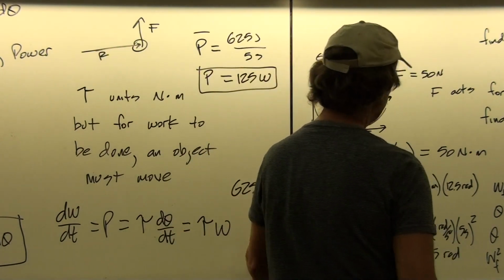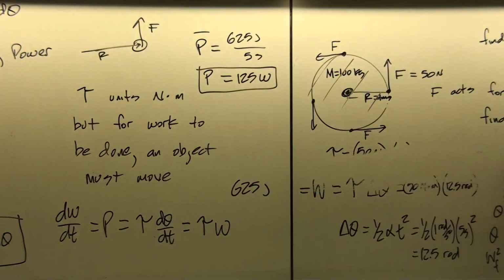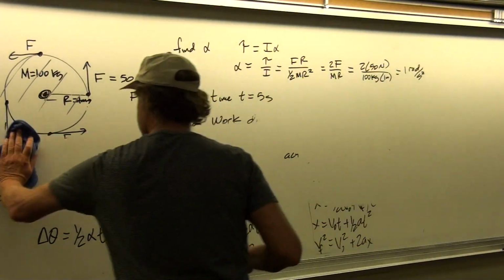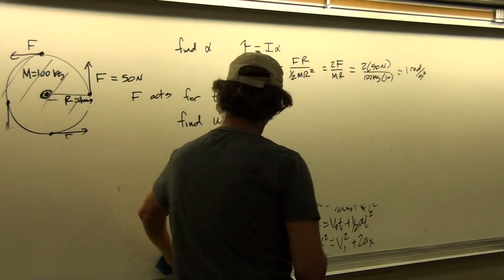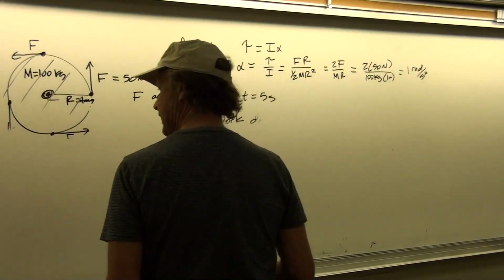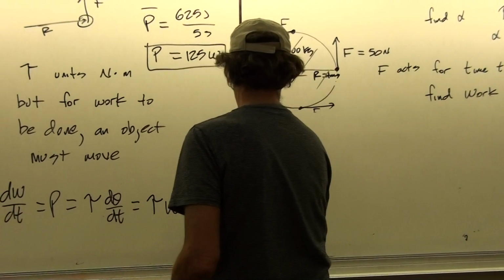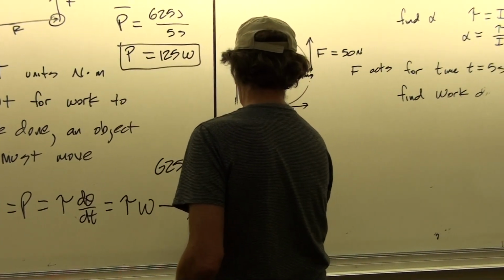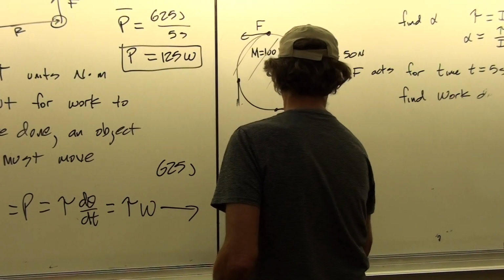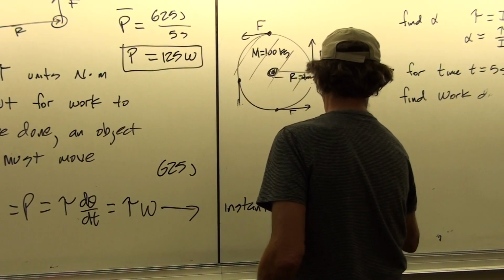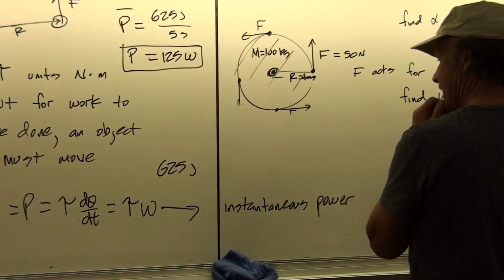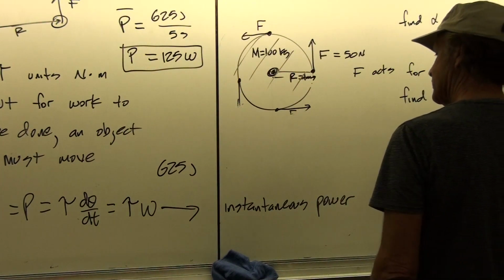For this example, this is going to be a little different, because to look at power at any given moment, this would be our instantaneous power rather than our average power. So our instantaneous power can be written as torque times omega.